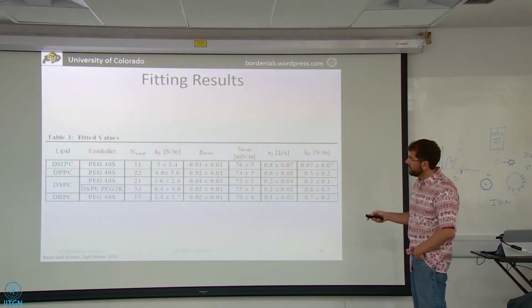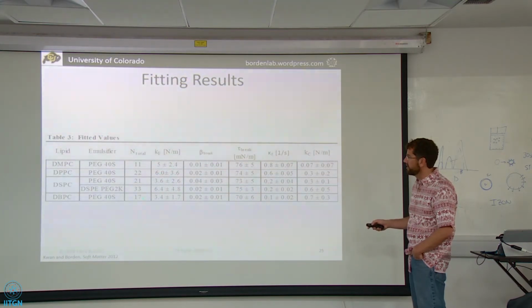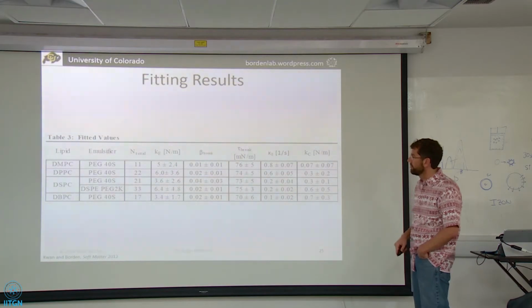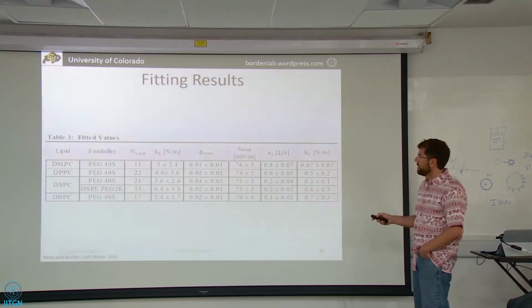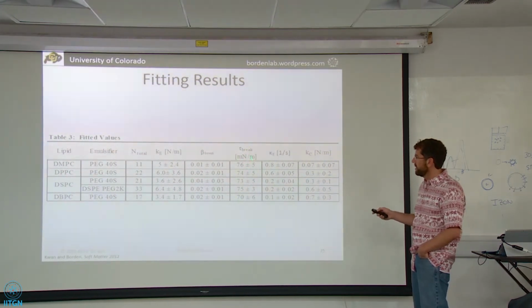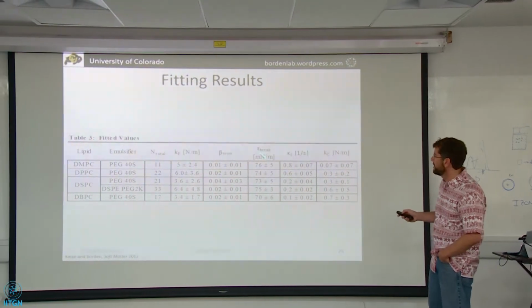Okay, and so for different lipids, as we increase acyl chain length from DMPC to DPPC to DSPC to DBPC, we see that the area expansion modulus increases from 5 to 6 to 6.4, and then actually drops down to 3.4. The breakup, well, this is where it breaks up. This is breakup tension. They're all about 73 millinewtons per meter, so the surface tension of water.